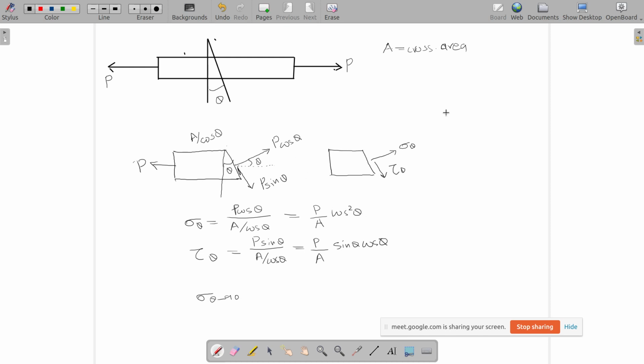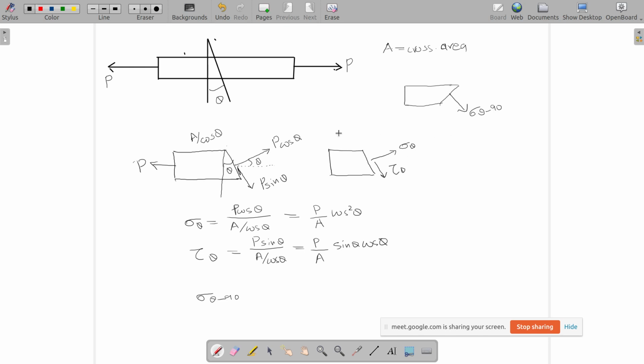To get sigma theta minus 90, you need to cut the bar using a plane perpendicular to the plane we have just used, and on that surface you will have sigma theta minus 90.